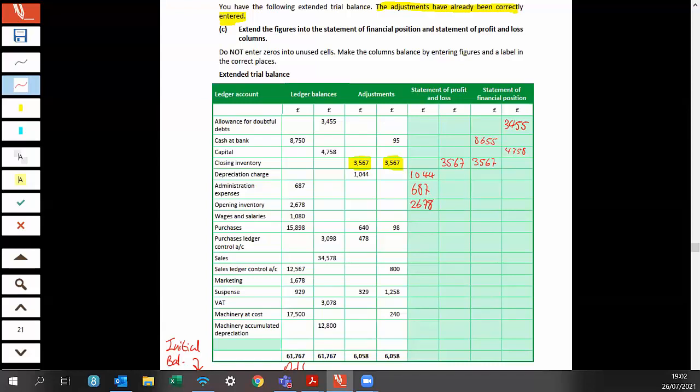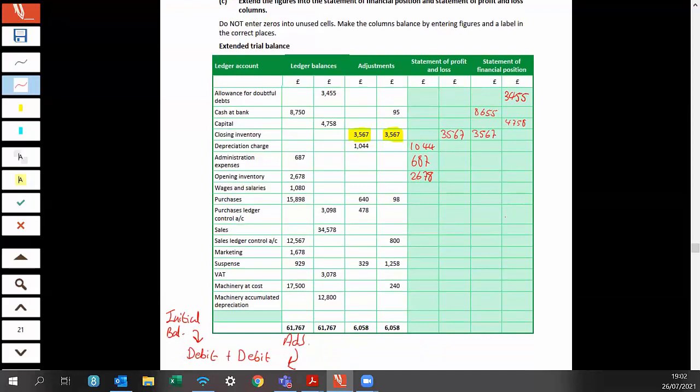I'll just reinforce that in the P&L alone, not the statement of financial position, because it's going to be part of our cost of sales or cost of goods sold. Wages and salaries, again, pretty self-explanatory, isn't it? If it's on here, it's a debit entry, it's an expense. Expenses belong in the profit and loss.